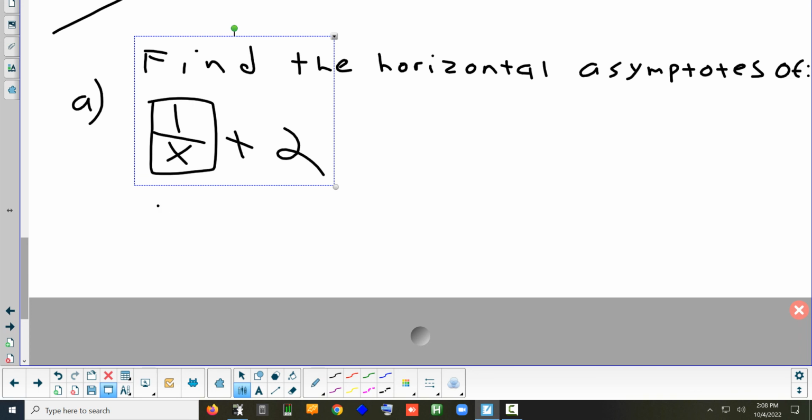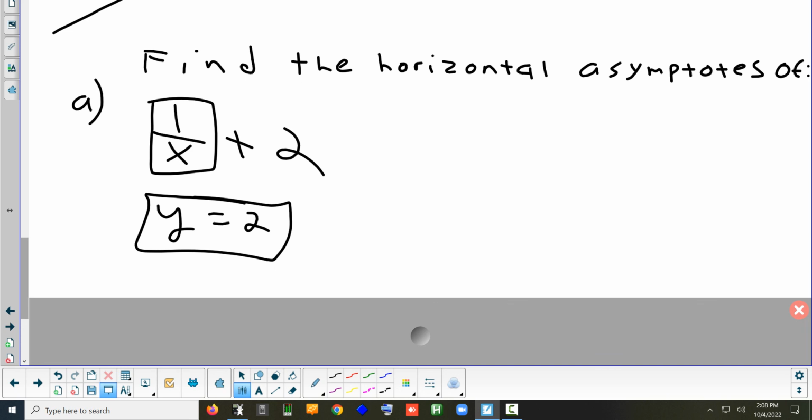This graph is getting closer and closer to the number 2. The bigger you let x be, the closer you're going to get to the number 2. When you write a horizontal asymptote, you always write y equals. If you put x equals, we're going to talk about that in a minute. That's something else. But y equals is what you want for horizontal.